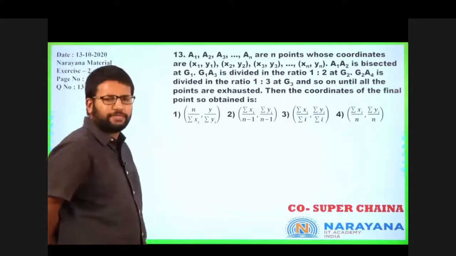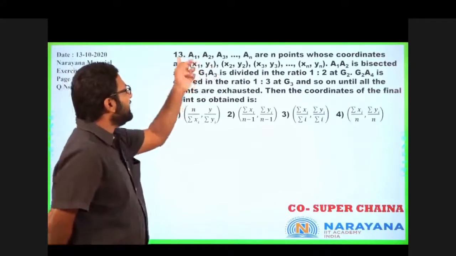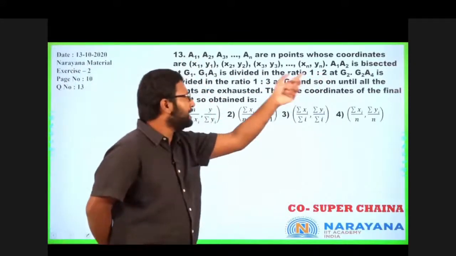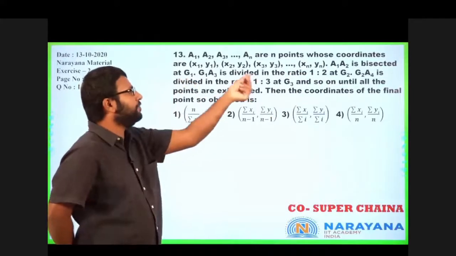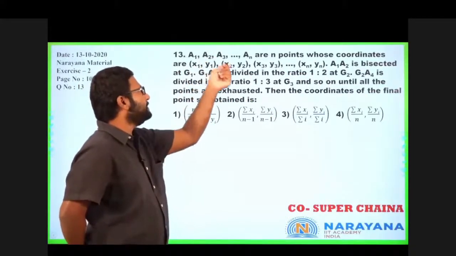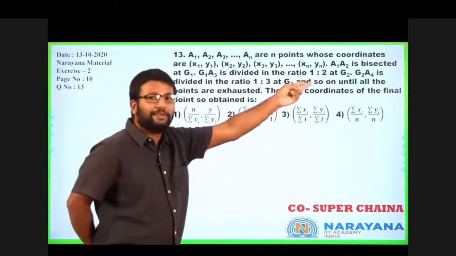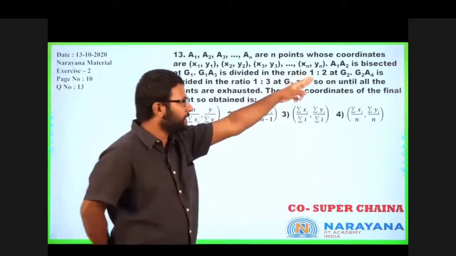Okay, so a lot of stuff is happening, but you are going to start with A1 and A2. A1A2 is bisected at some point G1, right? So we find its midpoint, which is G1. Then G1A3: A3 coordinates are known, G1 coordinates are known. G1A3 is divided in the ratio 1:2 at G2, which means by the section formula I can figure out G2.